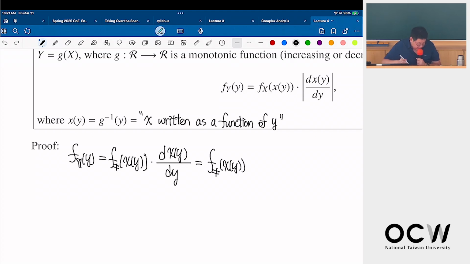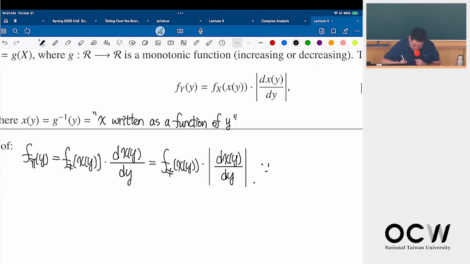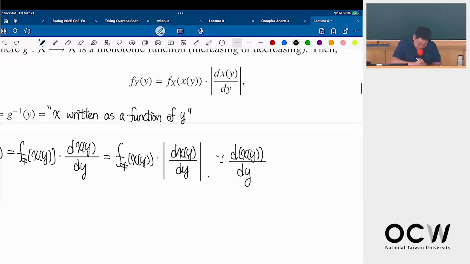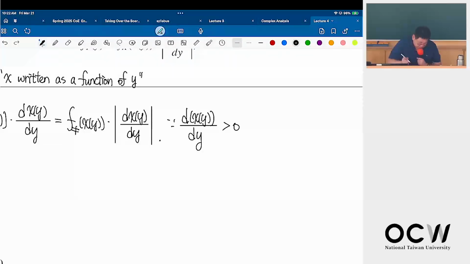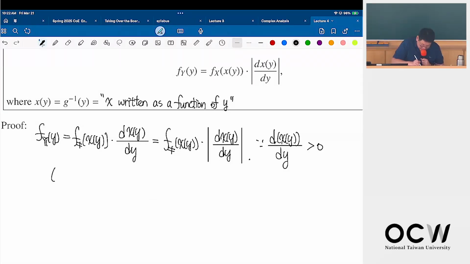We can also take the absolute value, because that term is greater than 0, and this is monotonically increasing.